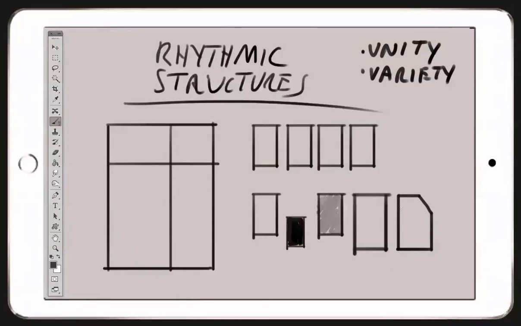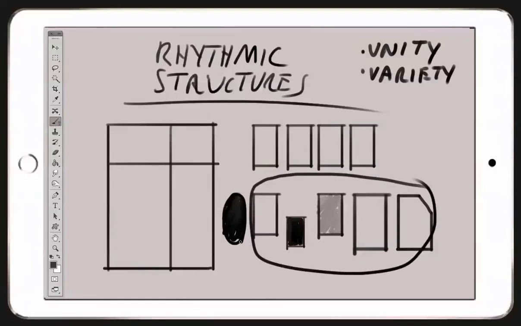So even if you make a change in the shape, if that change is just a small change and not too radical, then that new shape still remains part of the rhythm. However, if you add a shape that is quite different, like this, for example, over here, when I add this oval, now this shape is not part of this rhythm here because it's too different.